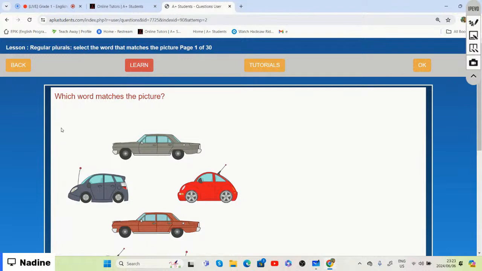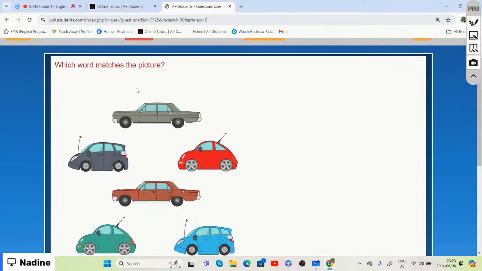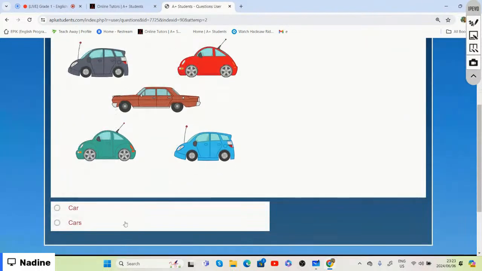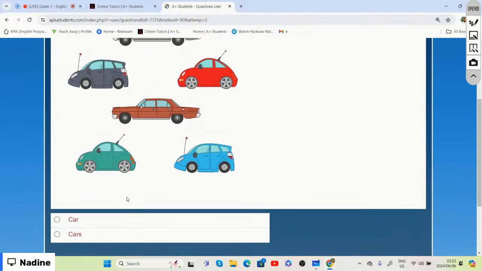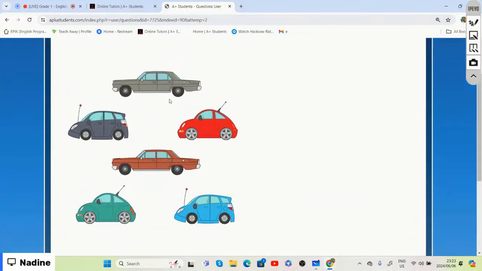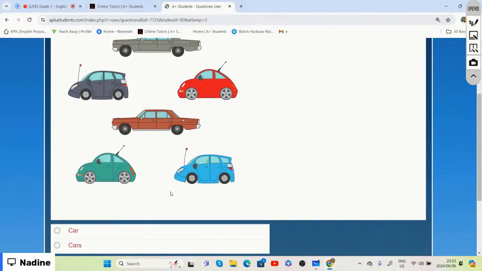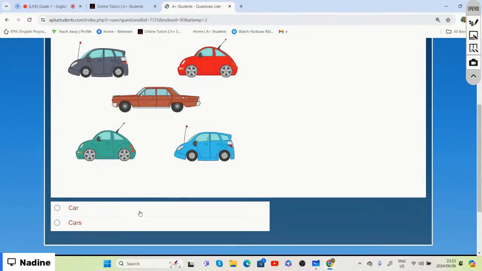All right, so we are going to now say which word matches the picture, right? Do we see one car or do we see cars? There are one, two, three, four, five, six. Do we say six car or do we say six cars? Which one is correct?